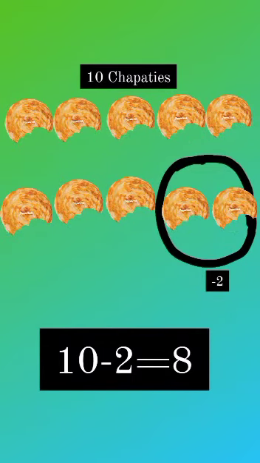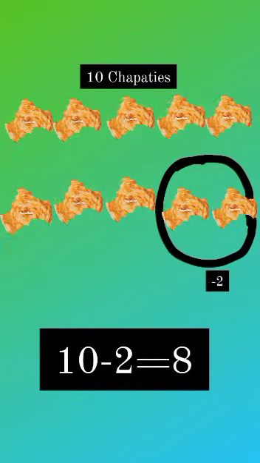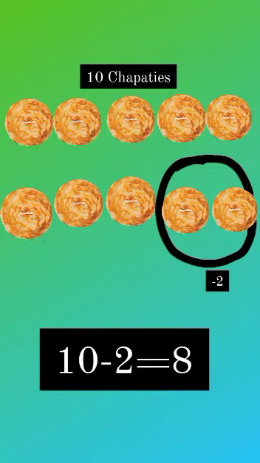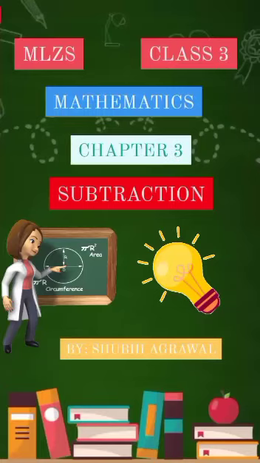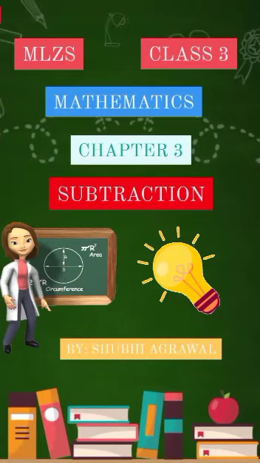If your mother made 10 chapatis and you have eaten 2, how many chapatis are left? Very good. 8 chapatis are left. But how do you know? Yes, we subtracted. So children, our today's topic is subtraction.